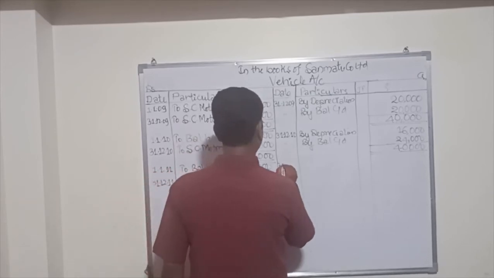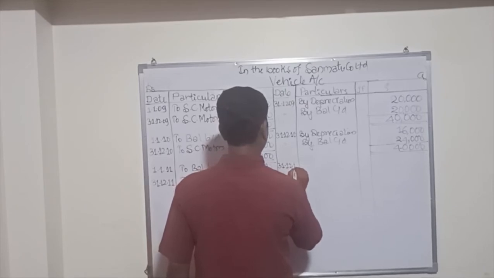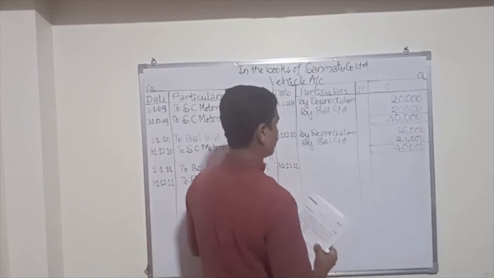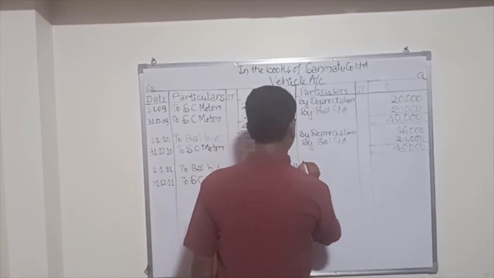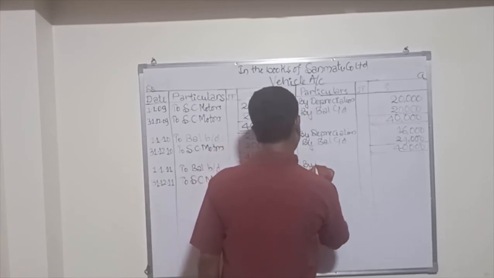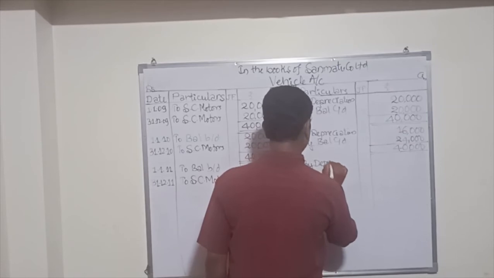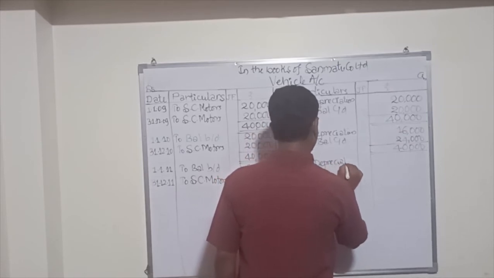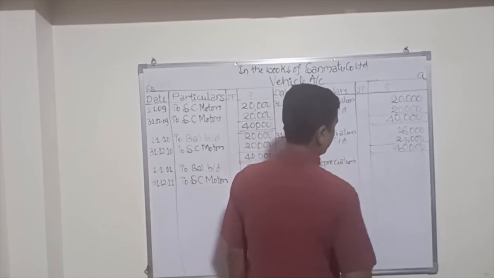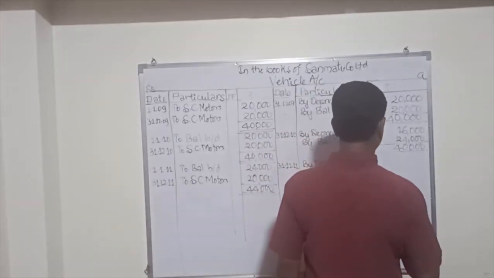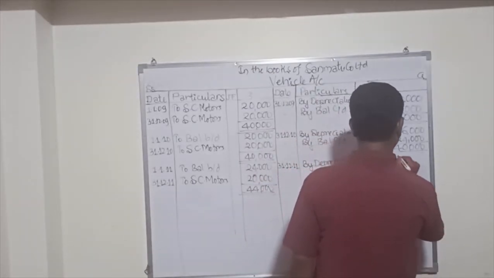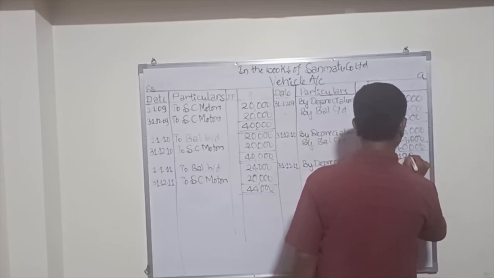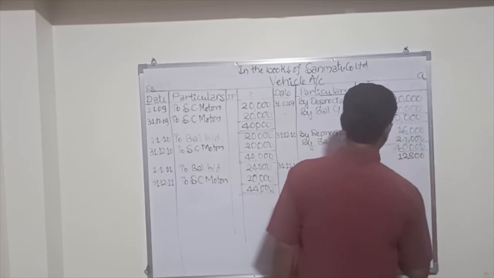On 31st/12/2011, when the depreciation is allowed, depreciation account debit to vehicle account. So vehicle account is credited by depreciation. It is now 20%, 12,800, which we have calculated in the hire purchase chart.